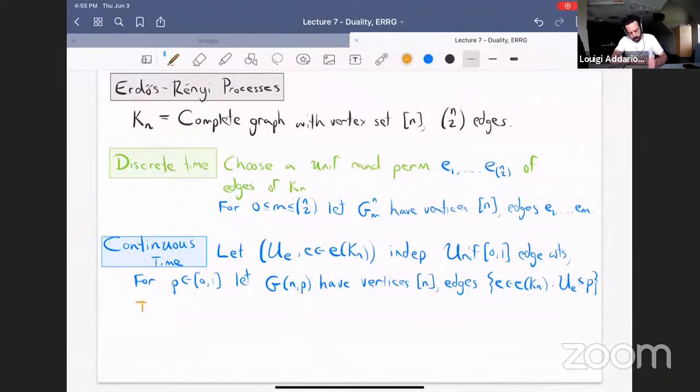So in this graph, each edge is independently present with probability p. If you like, you just toss a biased coin, which has probability p of coming up heads. If it comes up heads, you include the edge, and otherwise you don't.